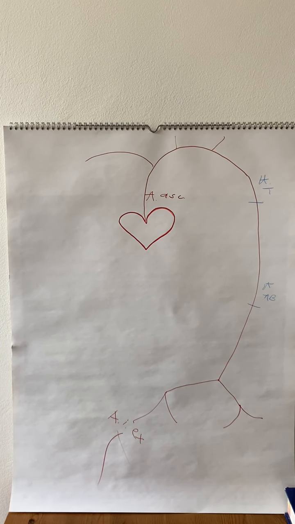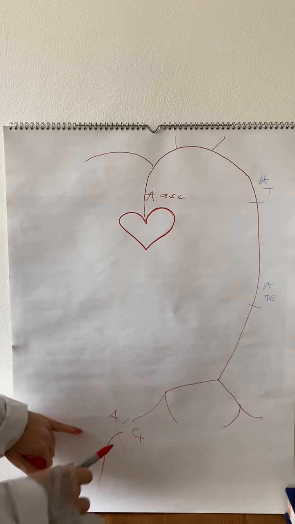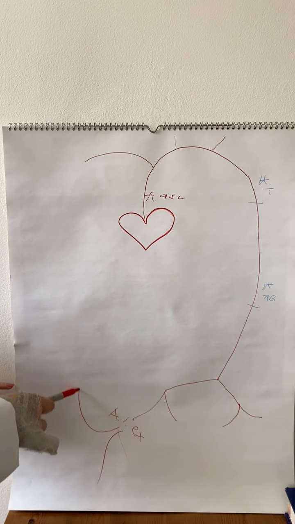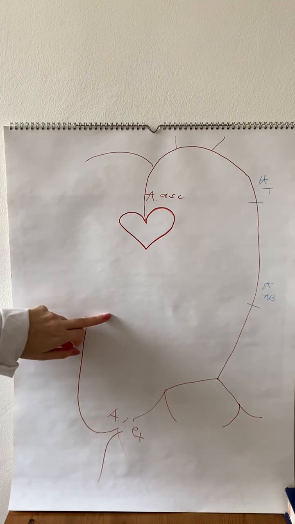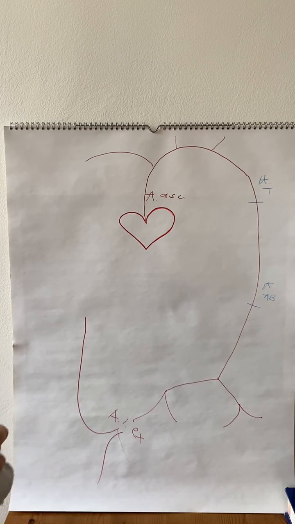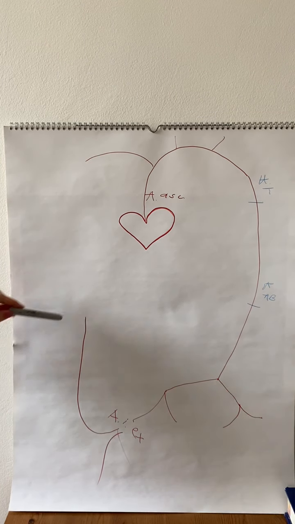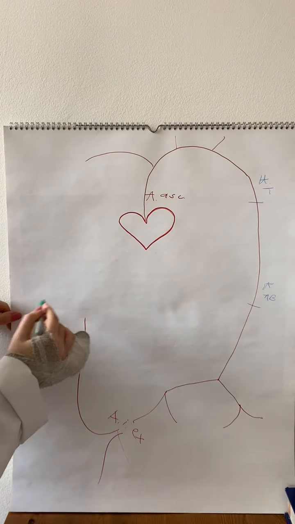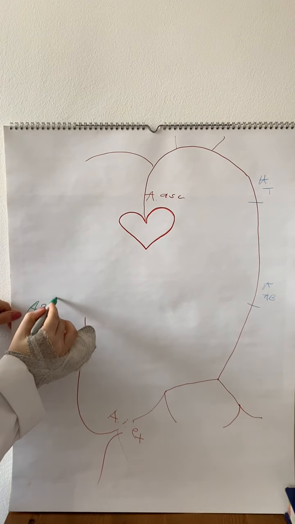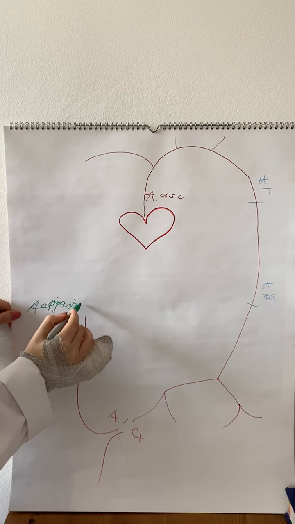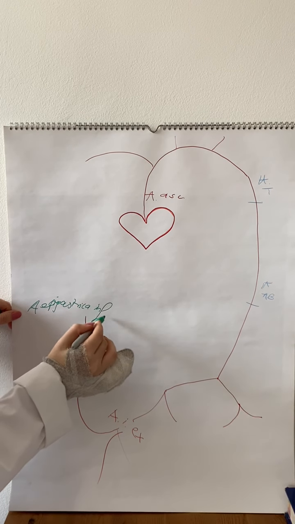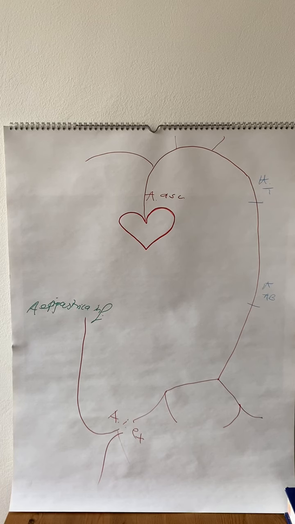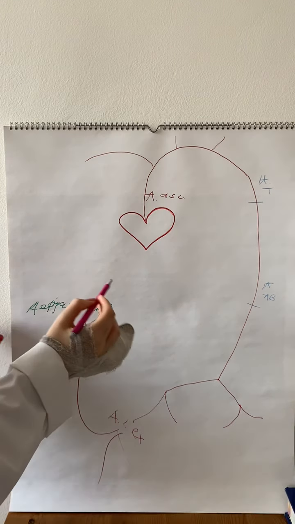But our arteria iliaca externa will also give a branch called arteria epigastrica inferior. This branch will make an anastomosis with the arteria epigastrica superior.